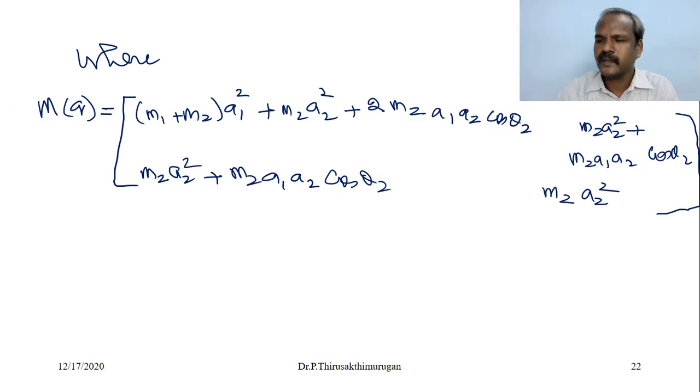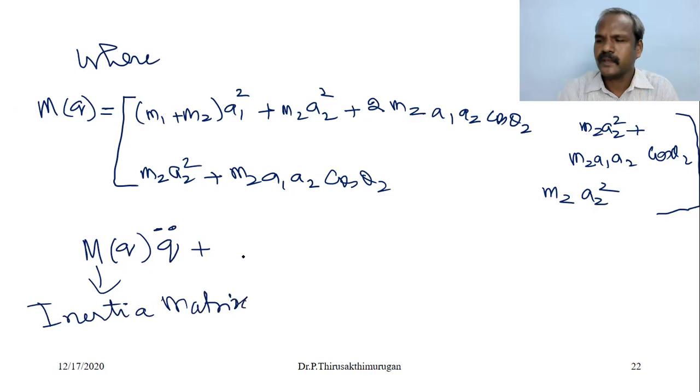Understand? So the manipulator dynamics standard form, you know, is M of q q double dot plus the Coriolis vector. M of q is the inertia matrix.